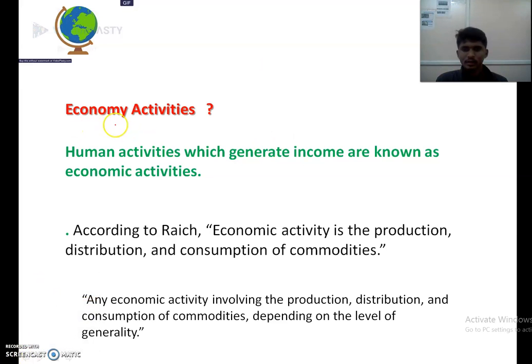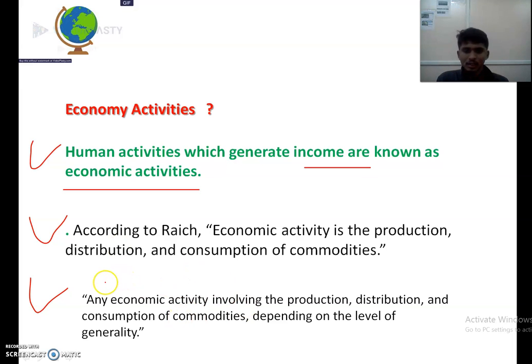Here you can see the definition of economic activity, first, second and third definition. Simple definition: human activity which generates income is also known as economic activity. Then according to Rich, geographers, Rich said the economic activity is a production, distribution and consumption of commodities.